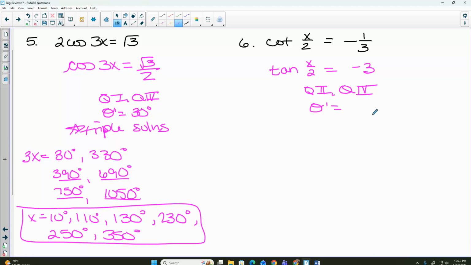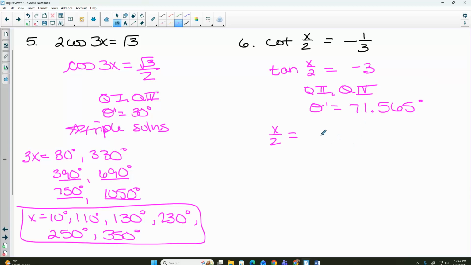No. So we go to our calculator, make sure we're in degree mode, and we do tangent inverse of 3. And we get 71.565 degrees.